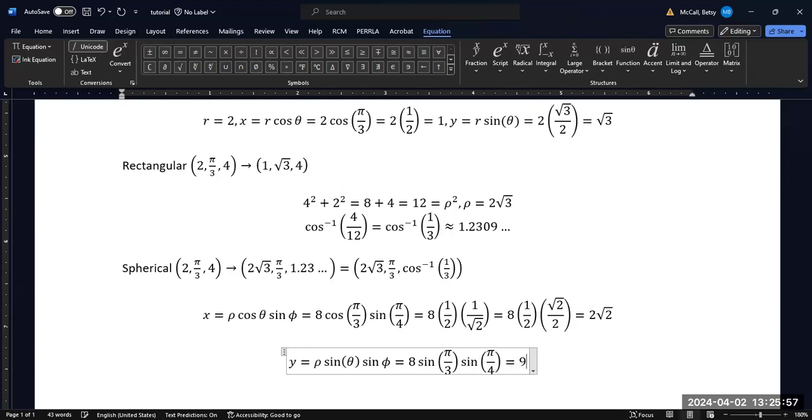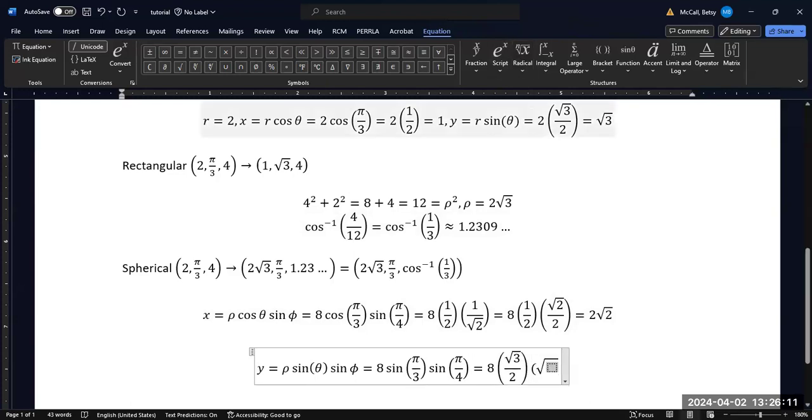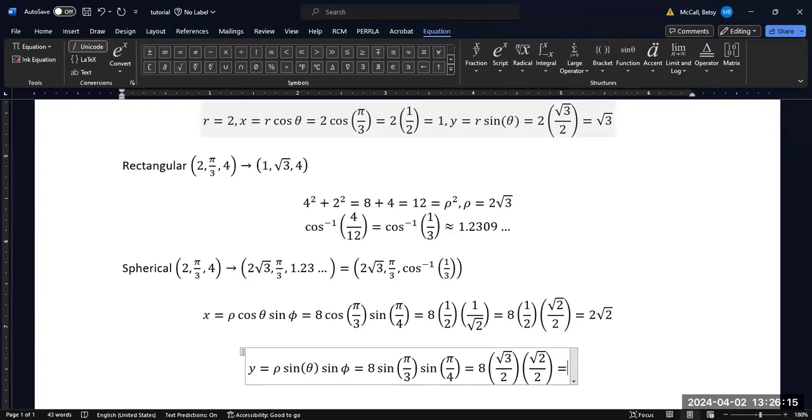So we're going to get 8 times the square root of 3 over 2 and times the square root of 2 over 2. And the denominators are going to cancel again, and we're going to get 2 square root of 6.